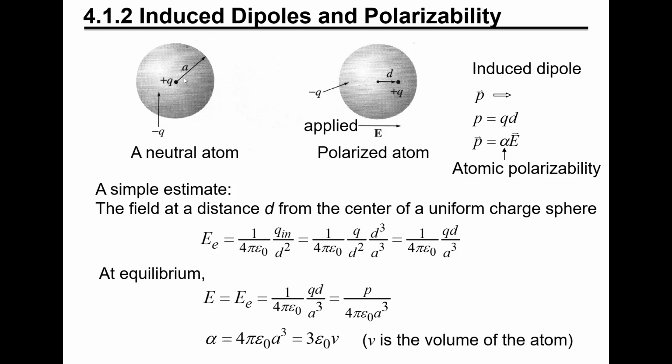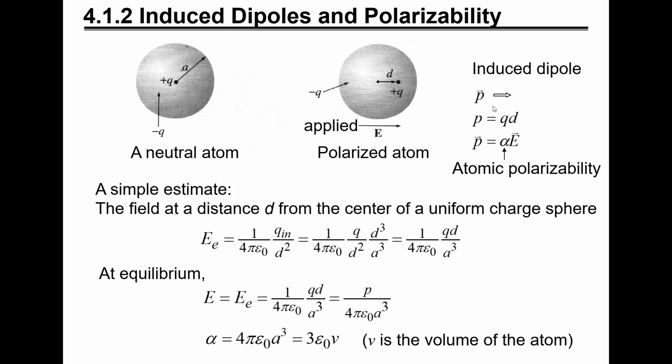If the atom is polarized, the atom now has a tiny dipole moment p, or we can call it the induced dipole moment p, which points in the same direction as the electric field. And it is proportional to the field.